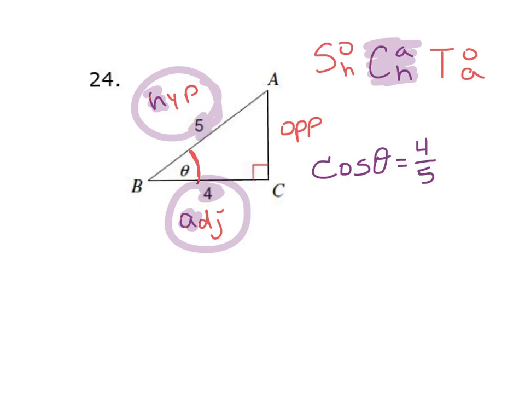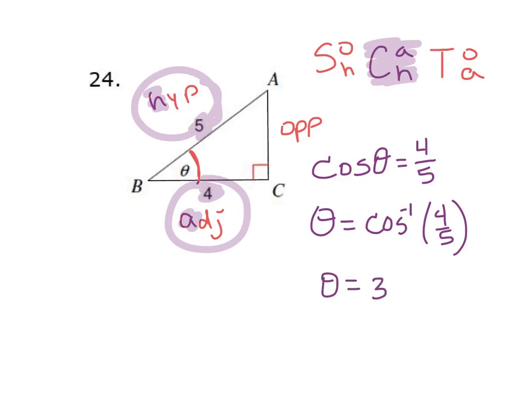Because here we're looking for our angle, we're going to do inverse. So that's cosine with the -1, 4/5. And you just type that into your calculator. And you get your answer. Rounding to the nearest whole degree, I get theta is about 37 degrees.